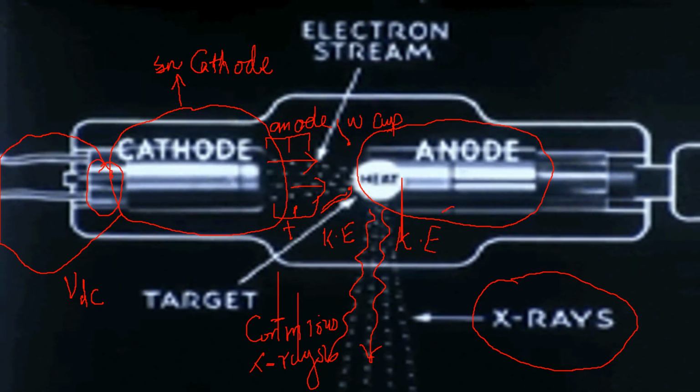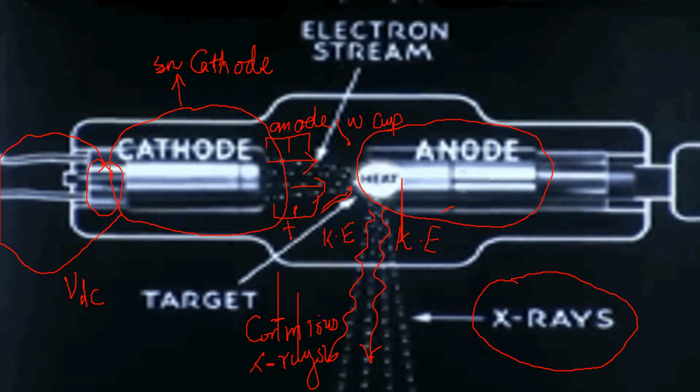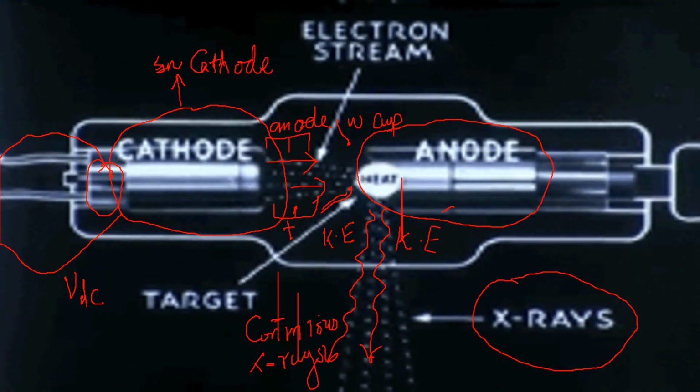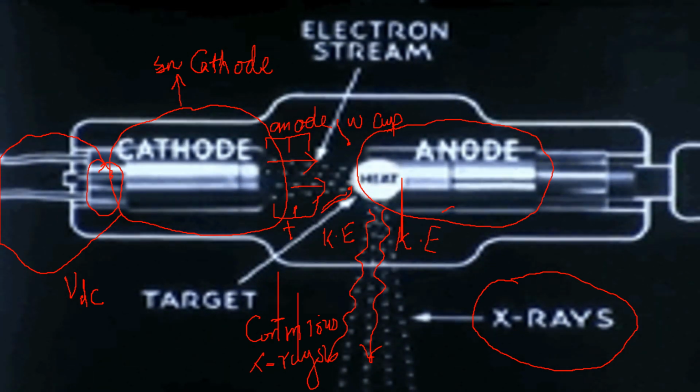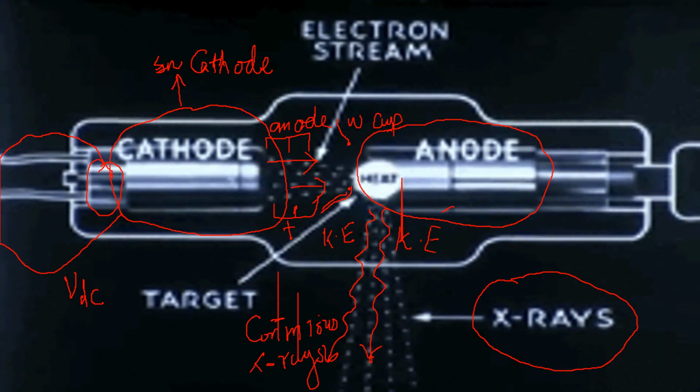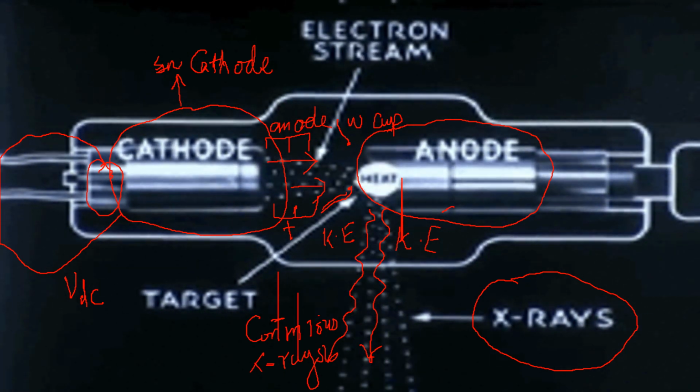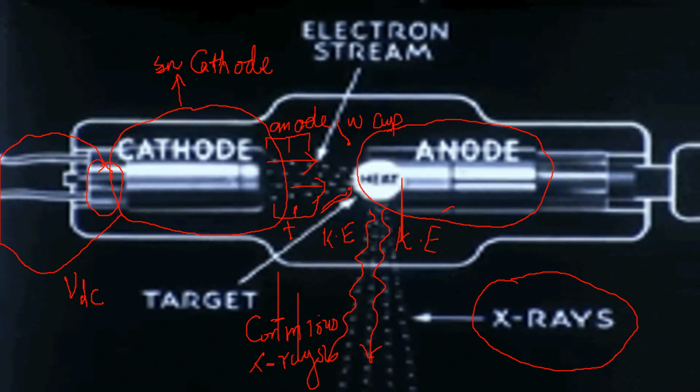Usually the electron gun is a combination of a filament, which produces heat due to a high potential applied across it.